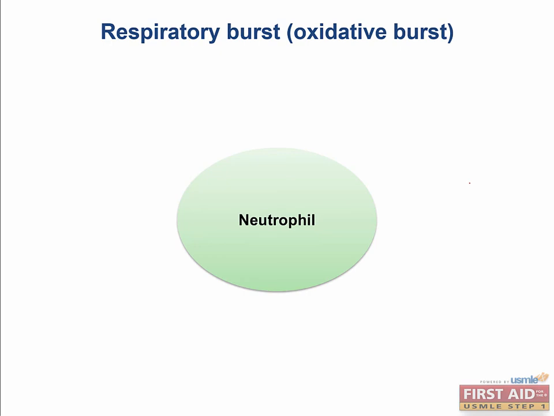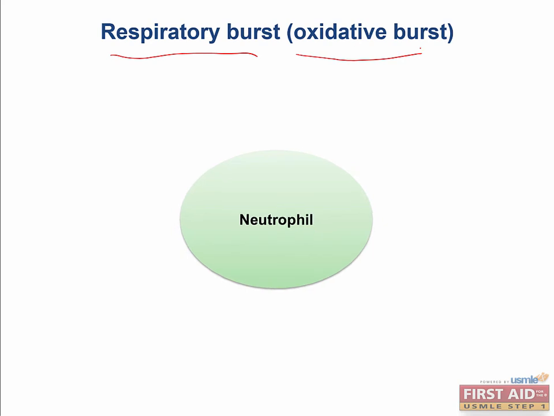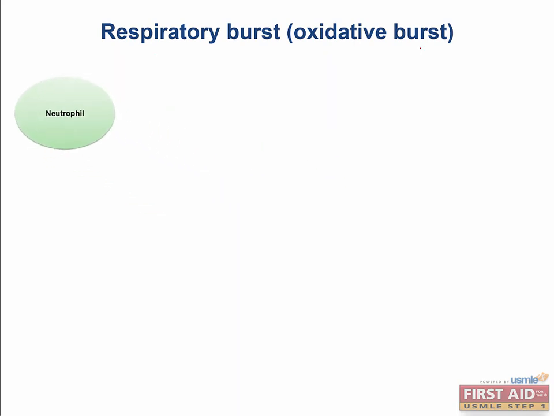So besides just releasing cytokines, immune cells are also capable of generating and releasing potent bactericidal free radicals, specifically monocytes and neutrophils. And they accomplish this through a process called the respiratory burst, or oxidative burst is another name. Now the first step is the activation, and we're going to run through the steps here.